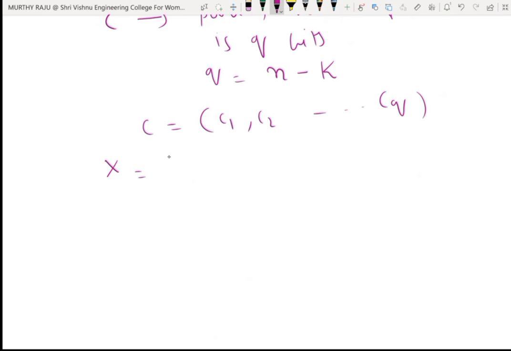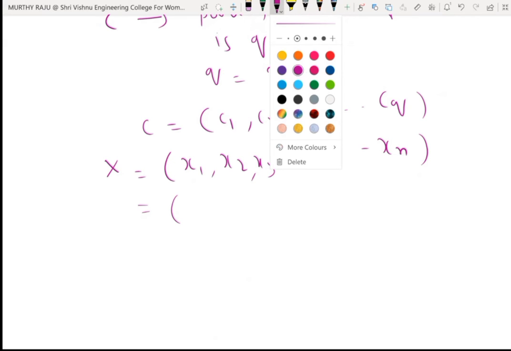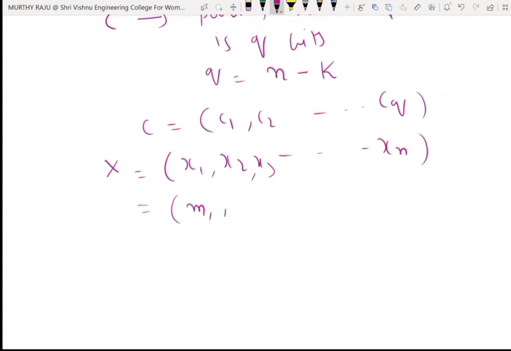Here, X is equal to X1, X2, X3 and so on up to Xn. It is also represented by M1, M2, M3 and so on up to Mk, followed by C1, C2 and so on.